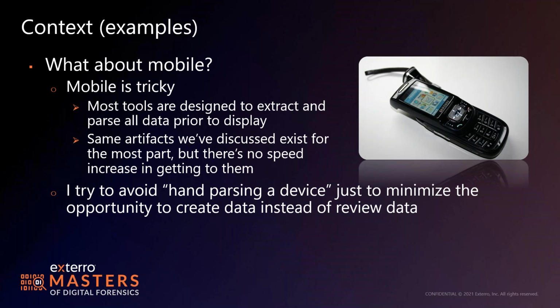So for me, even with the stylus, I will avoid hand parsing a device, because when I'm doing that, I'm creating records. In any phone extraction where the phone remains functional, we're creating a little bit of data. We're either loading a client on the device, leaving the client on the device, or removing the client after the extraction. We're changing settings, even temporarily, then changing them back.